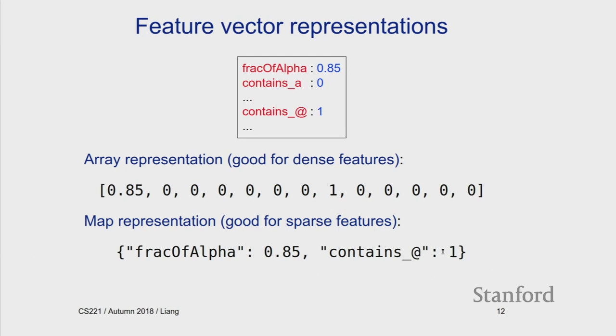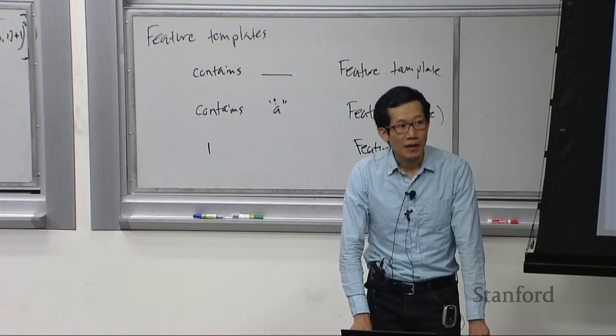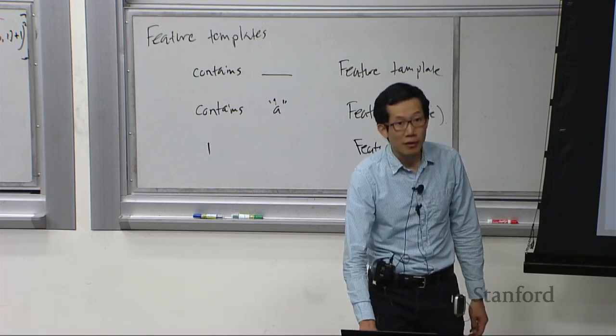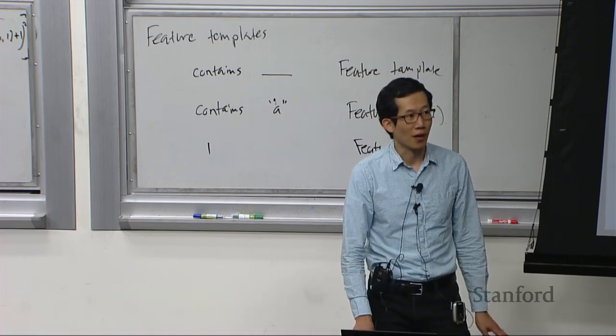Yeah. If all your feature values are either 1 or 0, you can represent it as a set. But often you want the flexibility of having other numerical features. And sometimes you have, for example, count features, which are 1, 2, or 3. So it's a multi-set at least. All right. Any other questions before I move on?